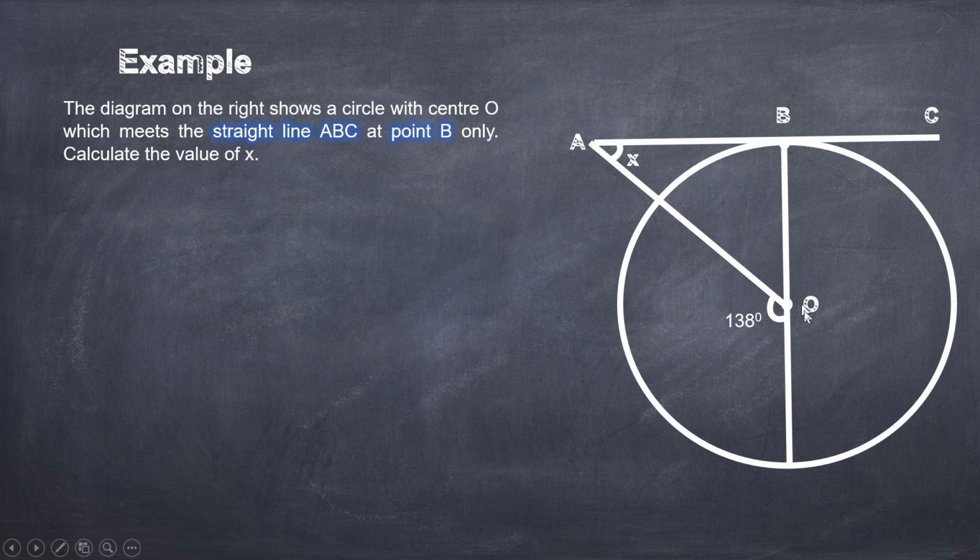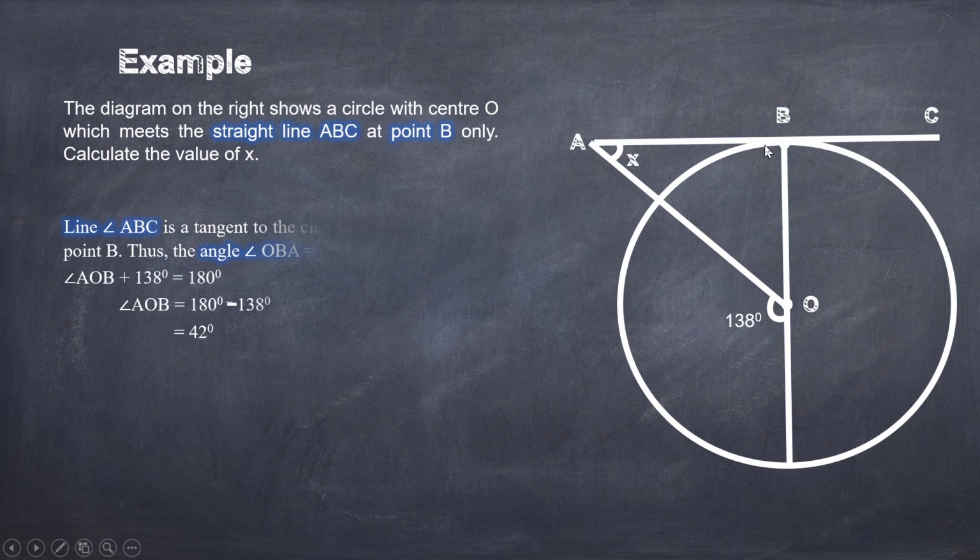As we have learned just now, if the radius intersects at the point of tangency, therefore this angle will be 90 degrees. So angle OBA will be 90 degrees.